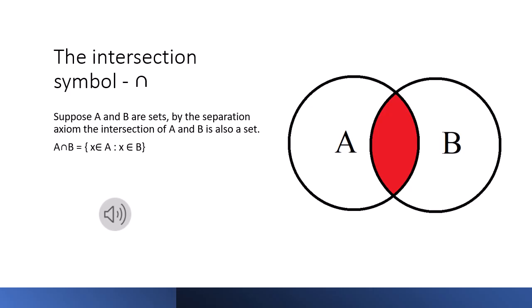So suppose you're given two sets A and B. Then by separation, for example, the formula x is an element of B is a well-formed formula with a free variable of x. So you're then free by separation to form the elements in A which satisfy that formula, or in other words, the elements in A which are also in B.